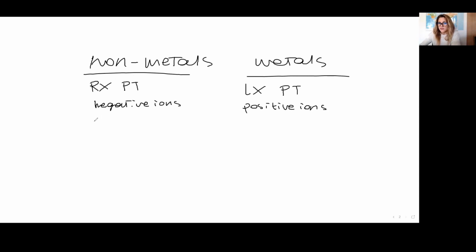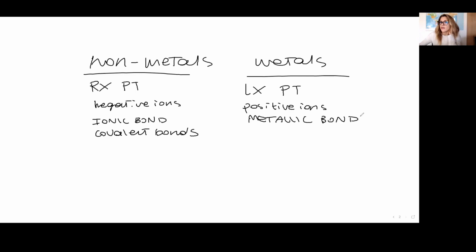Non-metals can form ionic bonds as well as covalent. We will see the difference between them. Metals can form only metallic bonds, if they're bonded to themselves or to other metals, or ionic bonds. That's the main distinction.